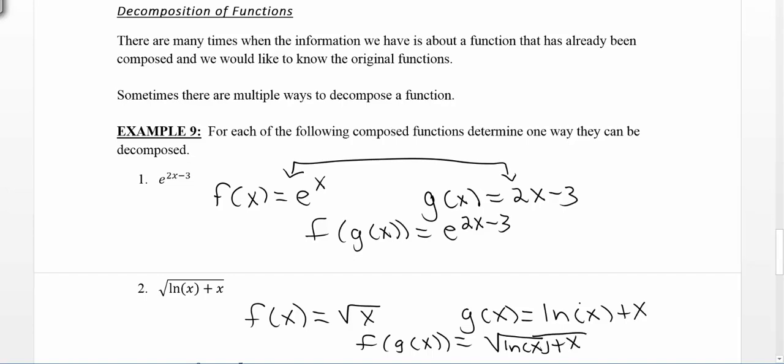So again, I've found a way to successfully decompose this. It doesn't matter if I had picked f of x to be the square root of x or g of x to be the square root of x, as long as my final composition is placed in the right order. And again, there's more than one way that I could have done this.